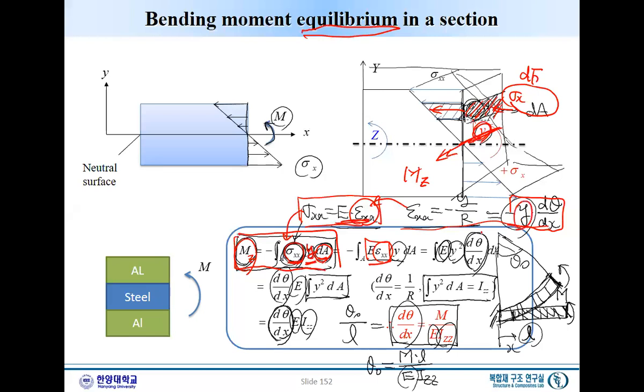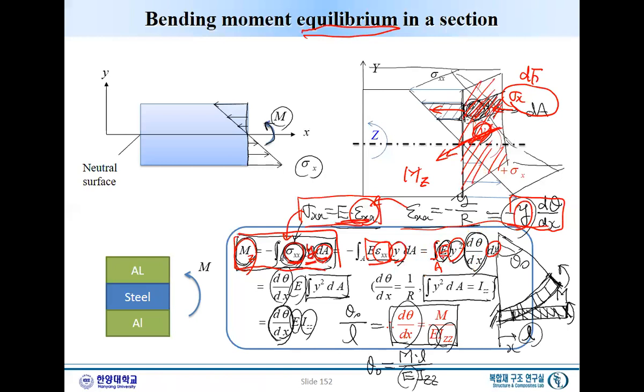But look at that, there is a y here, there is a y here. So we have twice a y, and Young's modulus and d theta dx. And remember, we have an integration over dA, over all of the cross section A. Now we are approaching the final equation.